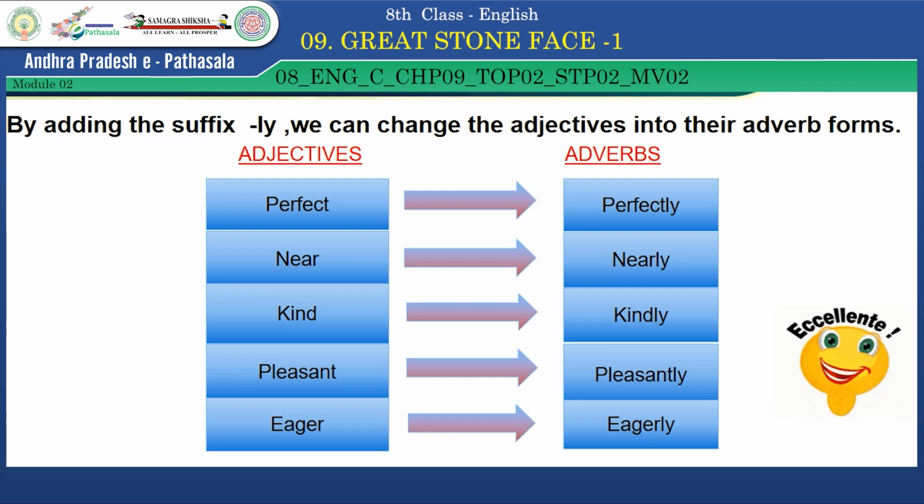By adding the suffix ly, we can change the adjectives into their adverb forms. So, adjectives talk about the nouns and adverbs talk about the verbs. Perfect, perfectly. Near, nearly. Kind, kindly. Pleasant, pleasantly. Eager, eagerly. Now, dear children, let us do the exercise given in our textbook.